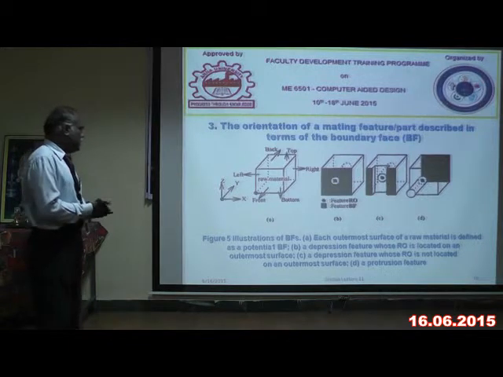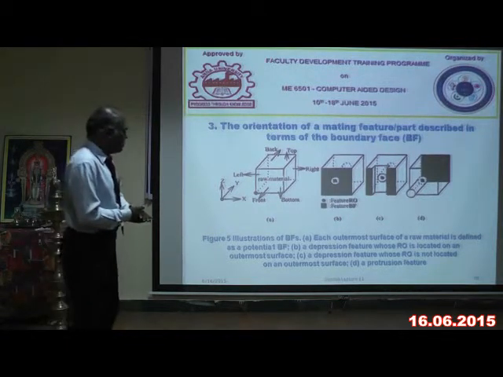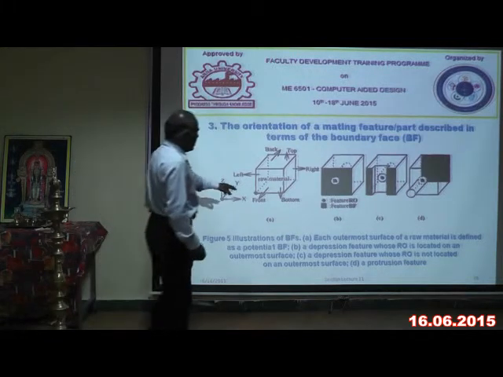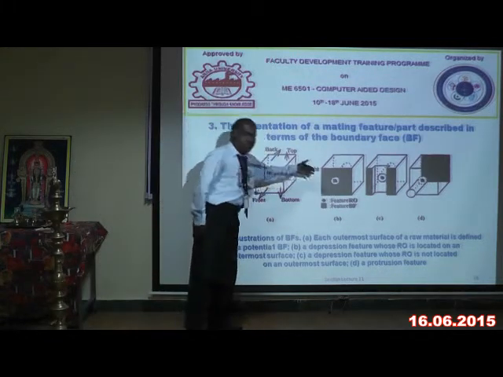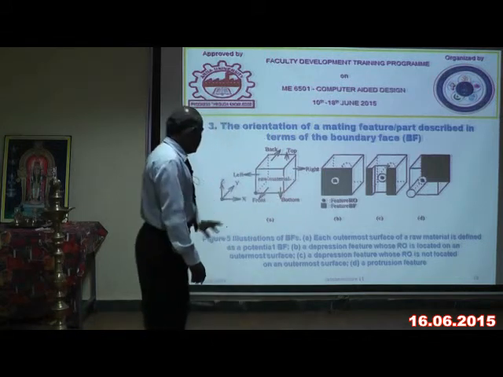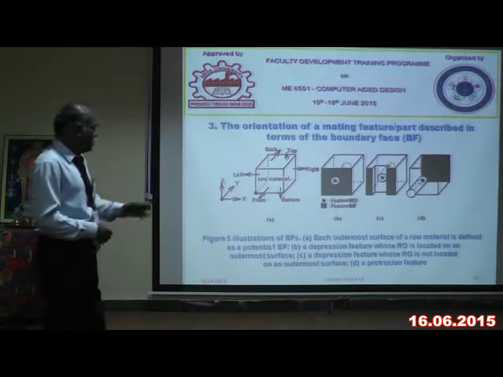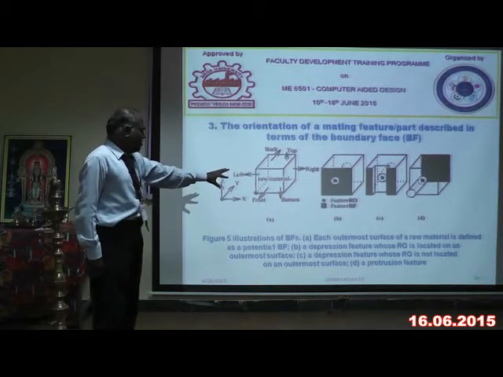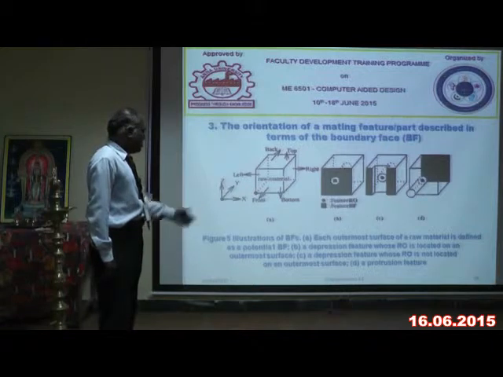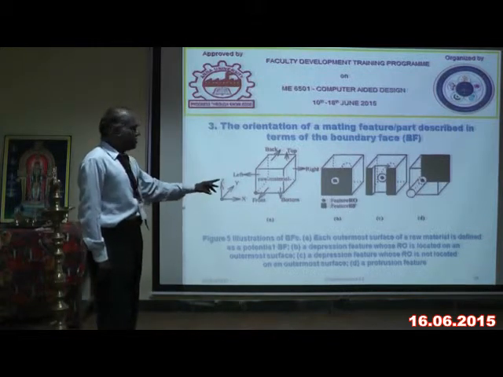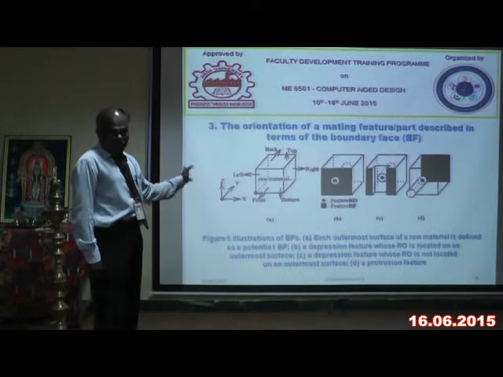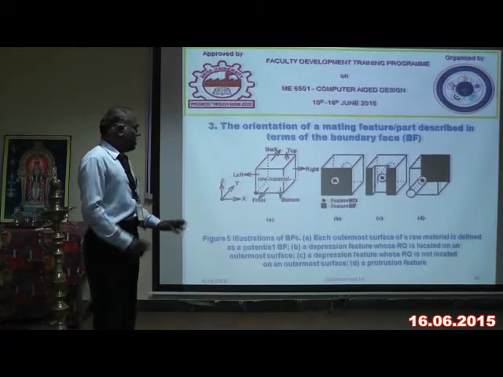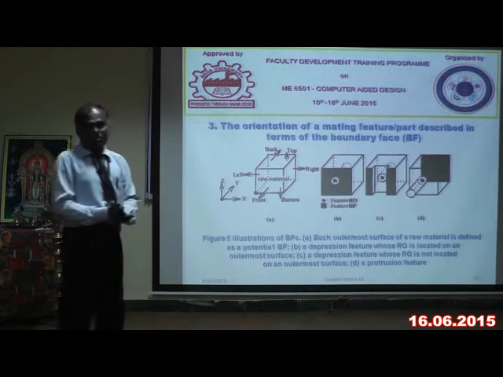B is the depression feature, whose reference origin is located on the outermost surface. In C, the depression feature's reference origin is not located on the outermost surface. D is the protrusion feature. Here in the figure, B and D are the female and male parts.